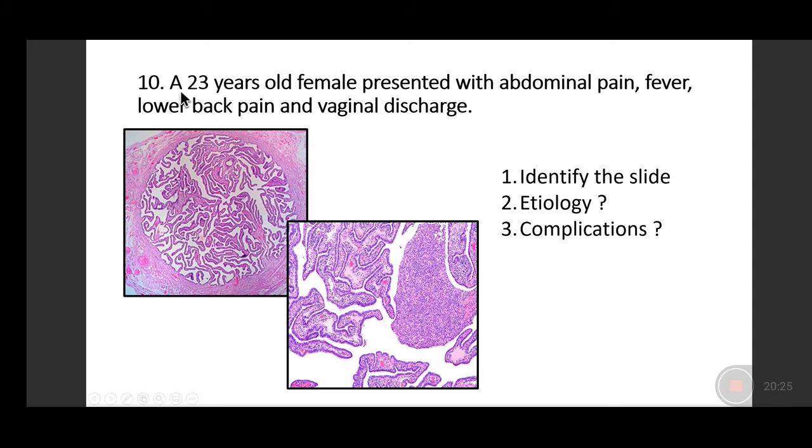So this slide is of a 23-year-old female who presented with abdominal pain, fever, low back pain and vaginal discharge.